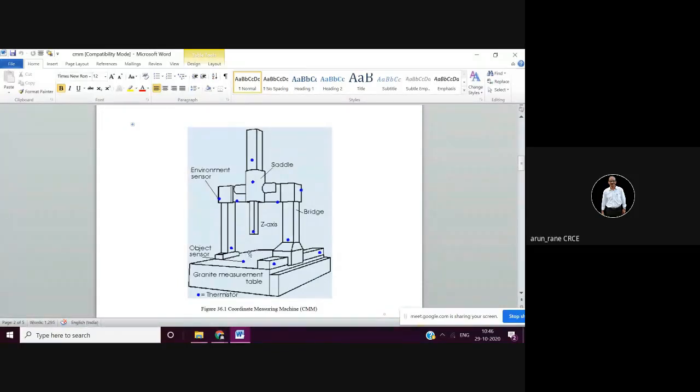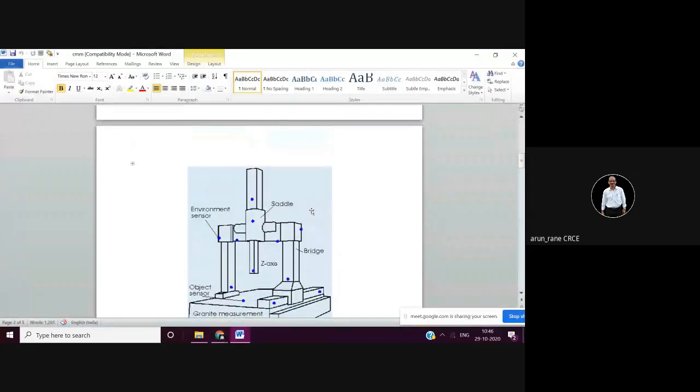You can move the probe rapidly, and the moment it comes near the workpiece, then you slowly touch it. And the moment the probe touches the workpiece, the light, because it's an optical probe, will light up. It means it has touched. Then you can retract it, lift it up, and touch at another place. Like that the reading is taken.